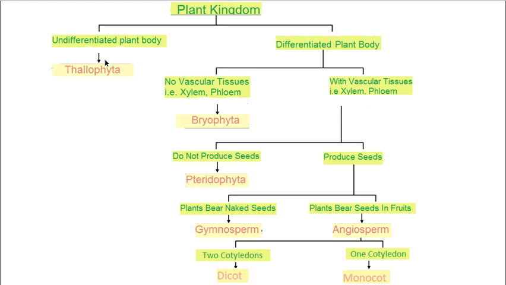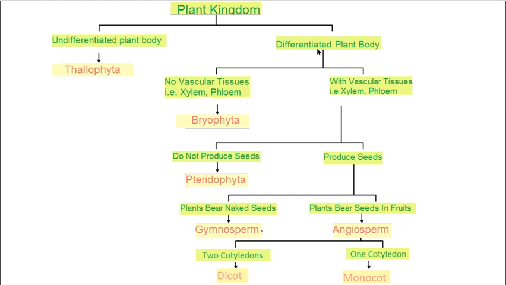Means you can't differentiate where the leaves are, where the stem is, and where the roots are. These are called Thallophyta. In the differentiated plant body, you can differentiate where the leaf, stem, roots, etc. are.